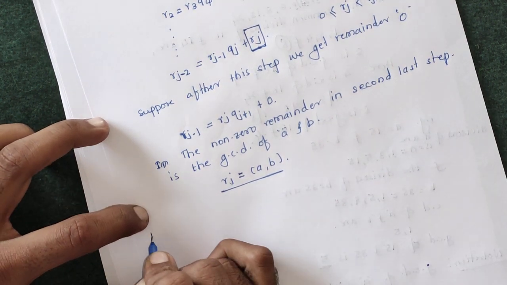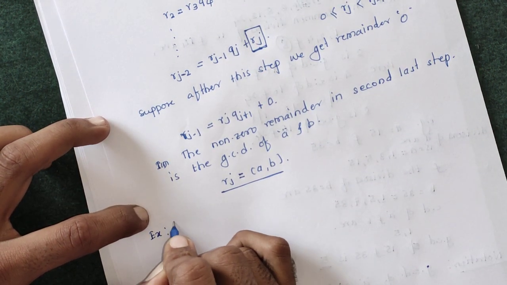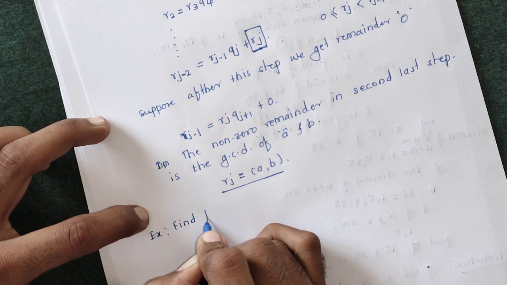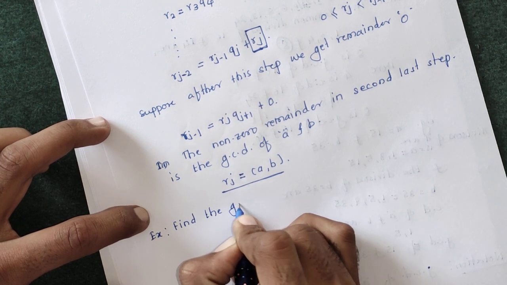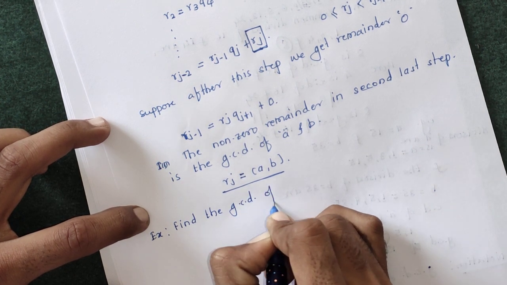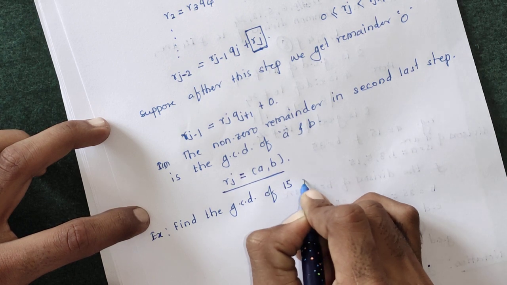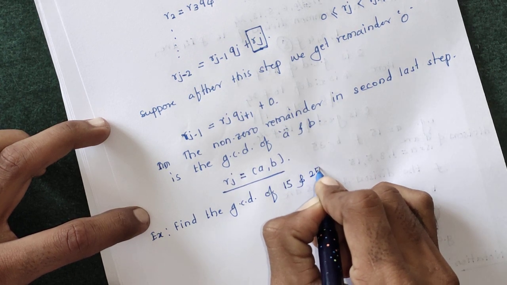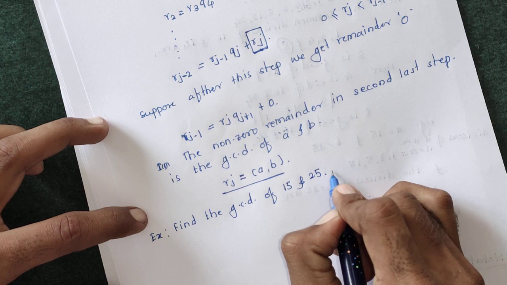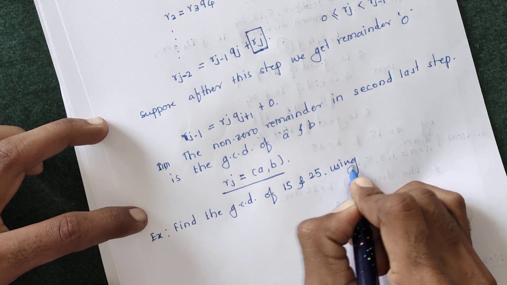For example, suppose we find the GCD of 15 and 25 using the Euclidean algorithm.